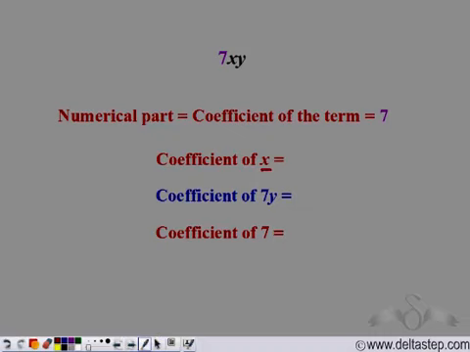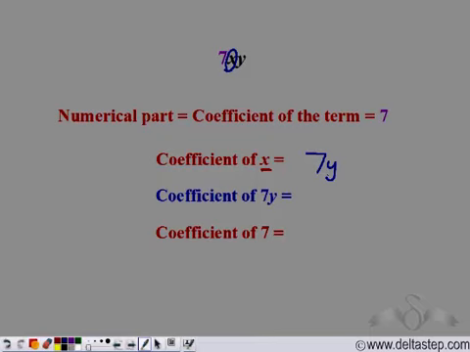Now the coefficient of x is whatever is left after removing x from the term. So consider this term. If we remove x from this term, we'll be left with 7y. So the coefficient of x in this term will be 7y. That is, whatever is left after removing x from the term is the coefficient of x in this term.